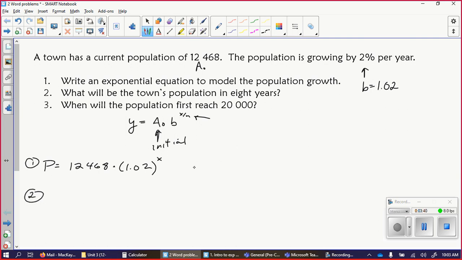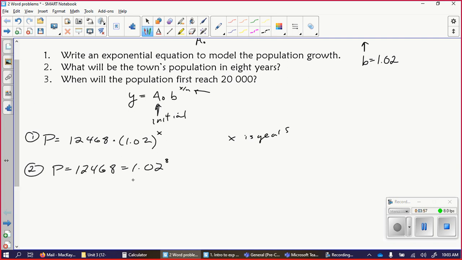Well, x is, so this one is fairly straightforward. We put the exponent in. I don't know why I put an equal sign in there. We need a bracket.